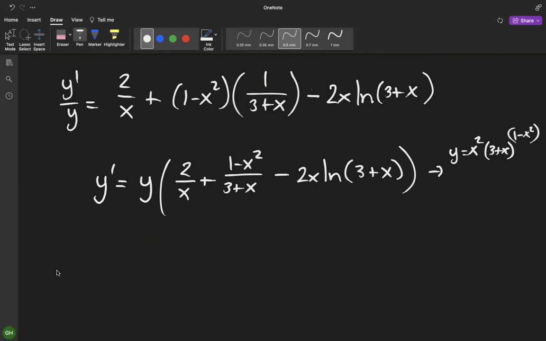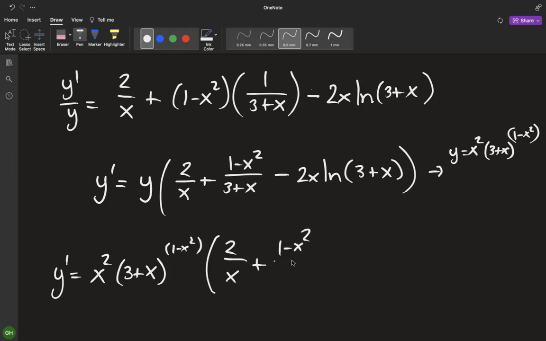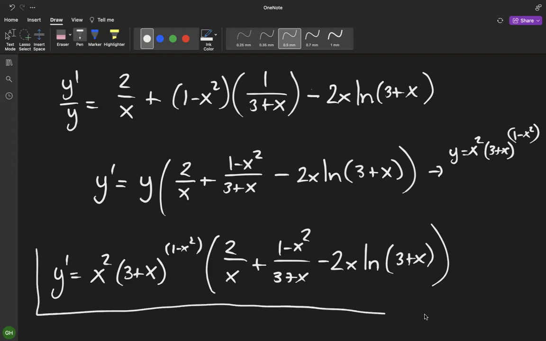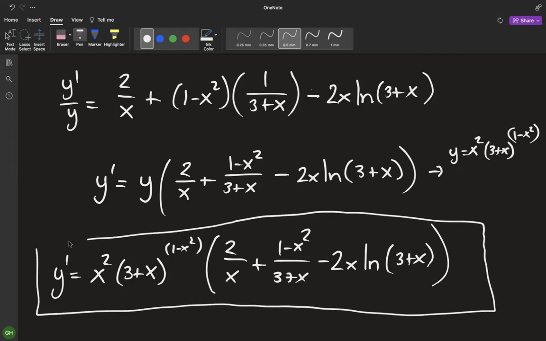So it is proper to write this as y prime equals x squared (3 plus x) to the 1 minus x squared, times all of this. So the only thing that's different between these two steps is I replaced y with the original function. Almost like one of the u substitution examples.